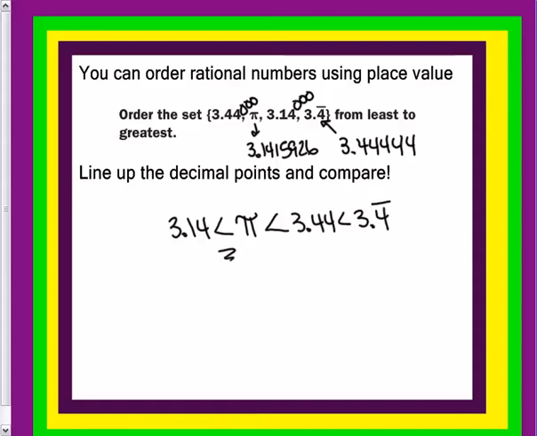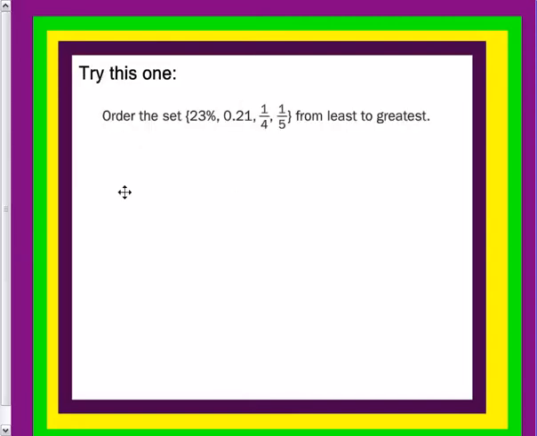Okay, notice that I put these less than signs in because that is a true comparison. Please don't just put commas. Make sure that you have those signs. Okay, go ahead and try this one on your own. I'll be back in just a second to go through the answer. Okay, so 1/4 is like 25/100, 1/5 is like 2/10, and 23% is like 23/100.